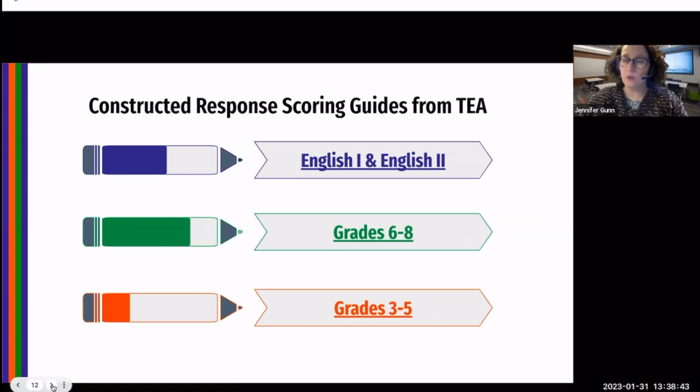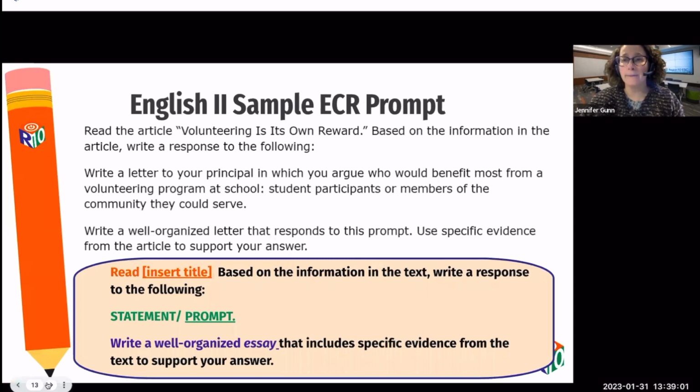So we have provided for you here a direct link to the scoring guides released at each grade band, and you may want to explore these for more details and more clarity, because we are going to just spotlight some score samples from 5th grade. Before we do that, we do want you to see the breakdown of a prompt, and we have chosen the English 2 correspondence prompt to do that with.